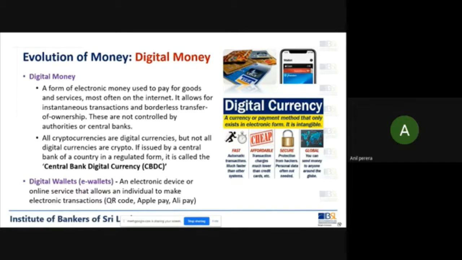I hope you have a very clear understanding about how money has evolved and what forms of money are available in the system now. With this basic knowledge, in the next session, we will be looking at digital money to some extent, and also at how money is classified and what kind of definitions we have on money.